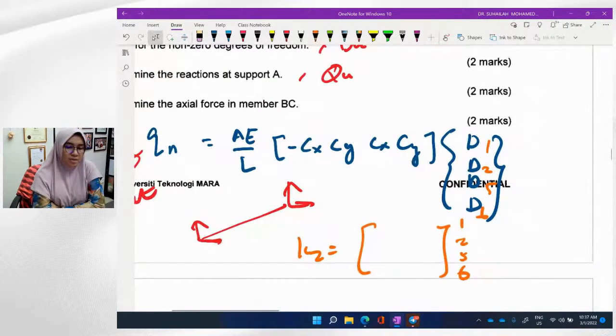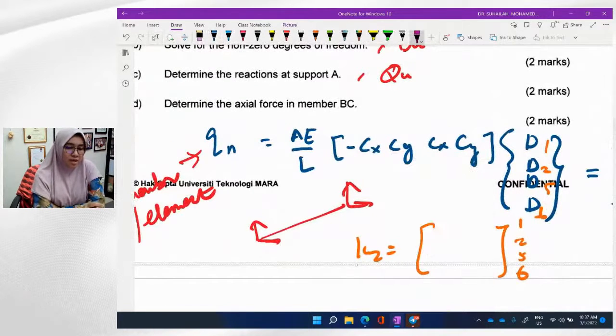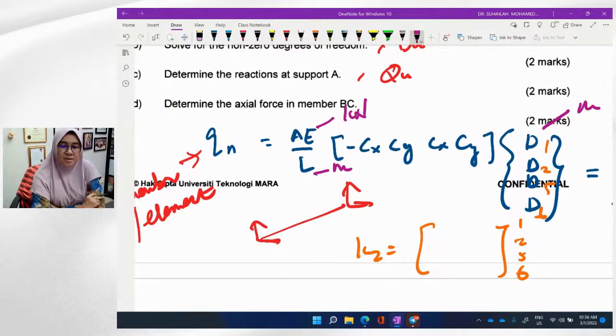Then only we will get the single value in kilonewton because the unit of A is in kilonewton, the unit of L is in meter, and the unit of D is in meter.